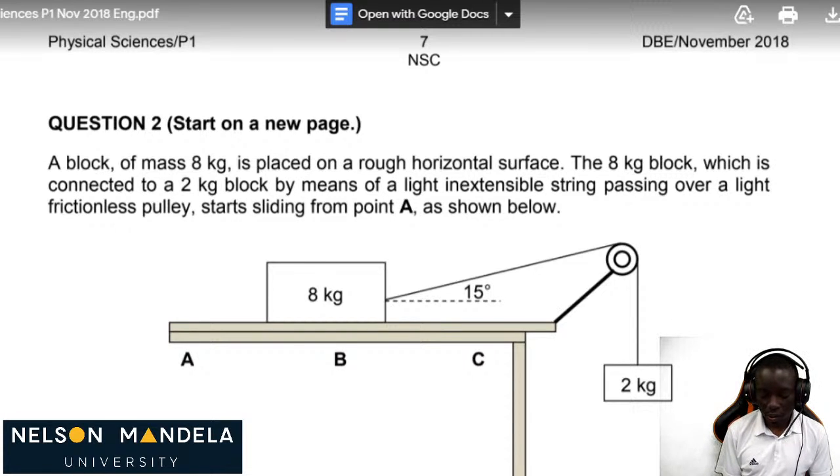So how does the tension get to be in that direction? When the 2 kg mass is under the action of gravity, it is pulled downwards, it pulls on the string, and the tension in the string cascades to pull on the 8 kg block. So the tension is in that direction for that part of the 8 kg block. It is at 15 degrees to the horizontal.